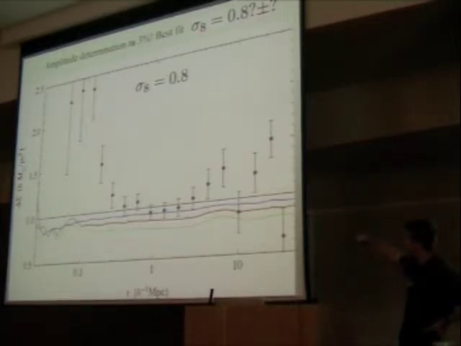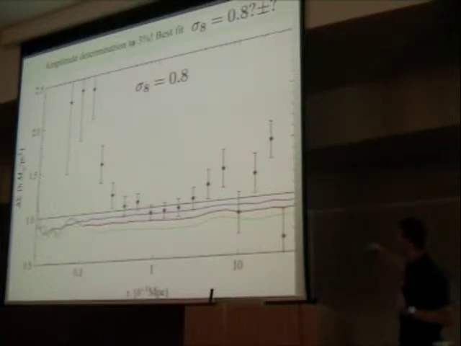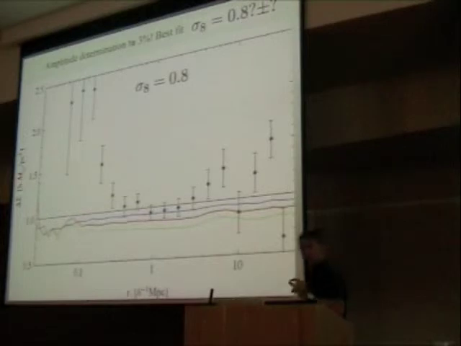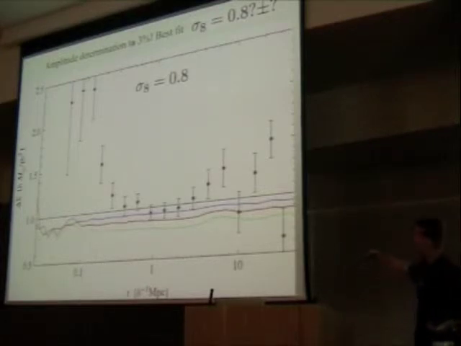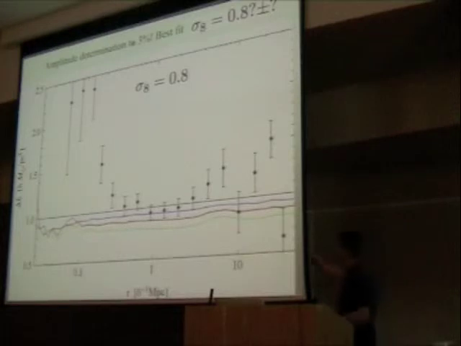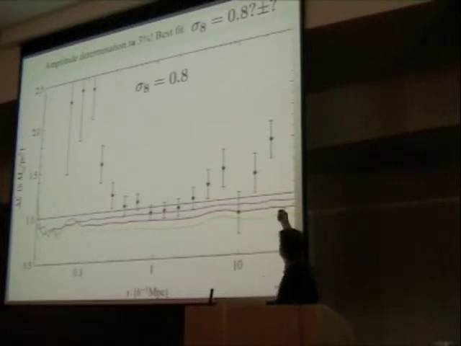But if you take everything above 1 megaparsec, you can see basically that the errors, when we do this kind of analysis, are much smaller than what I was doing before, where I was just fitting the NFW profile out to wherever we can trust the NFW profile, which is to 3 megaparsecs. Here we do basically the whole fit to the n-body simulation, and we get much smaller errors because we can use a whole range of scales. So we haven't finished this analysis yet, so again the answer will be something like 0.8 something.